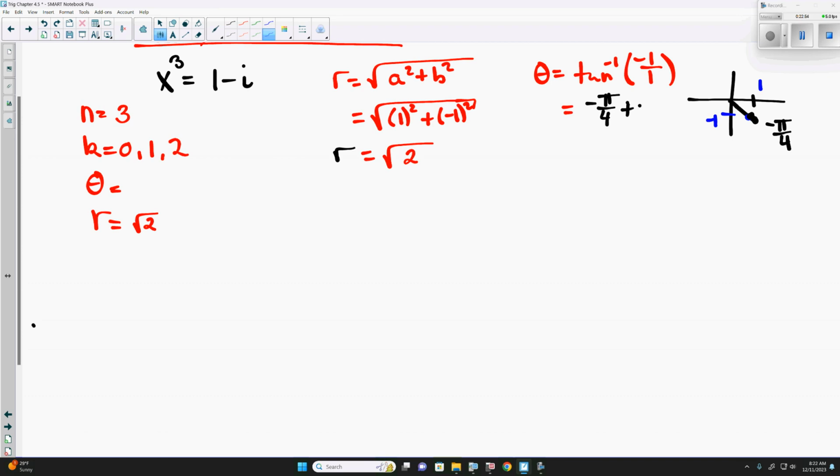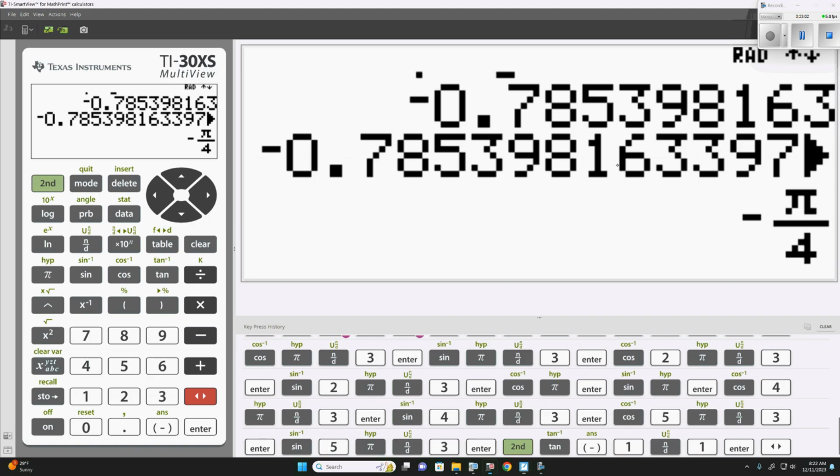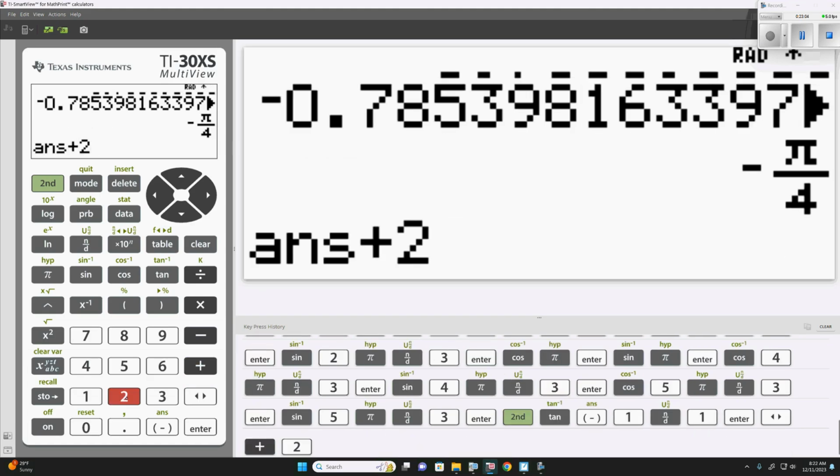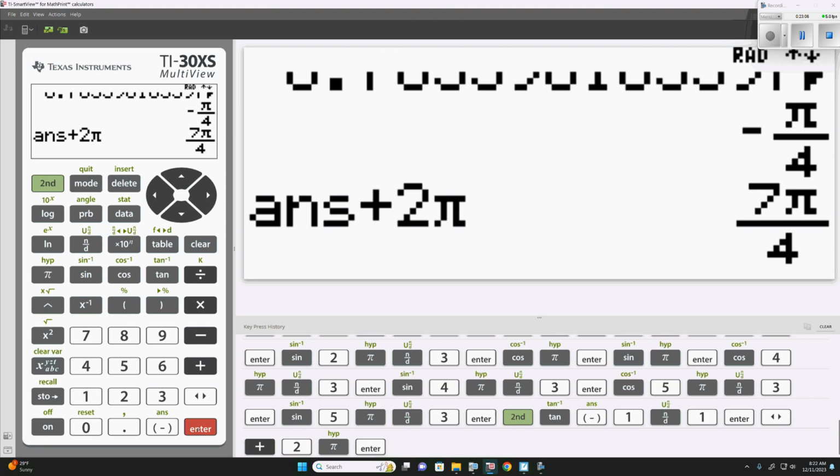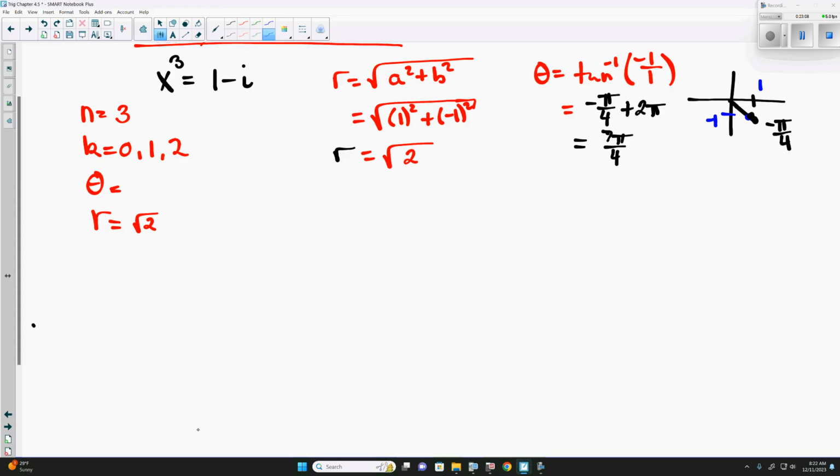So to get that, we're going to add 2 pi to it, and we'll get 7 pi over 4. So that's our starting angle.